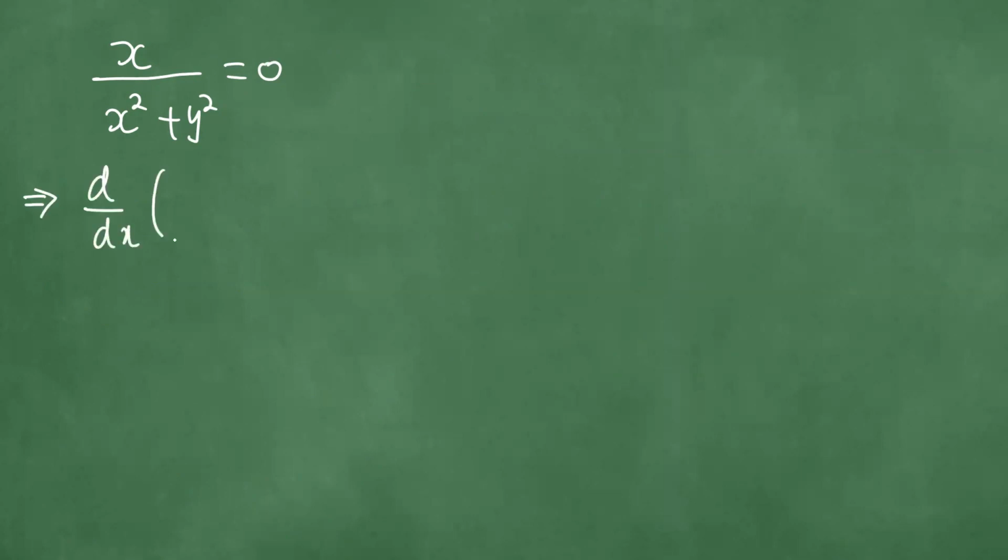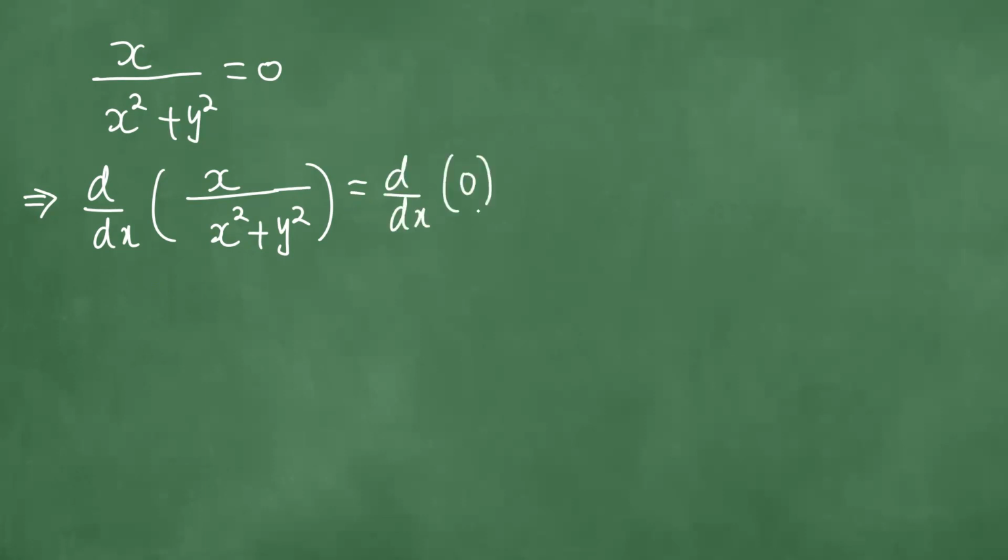Right, with that said, if we have that x over x squared plus y squared equals 0, this implies that d/dx of x divided by x squared plus y squared, we can take the derivative of both sides.